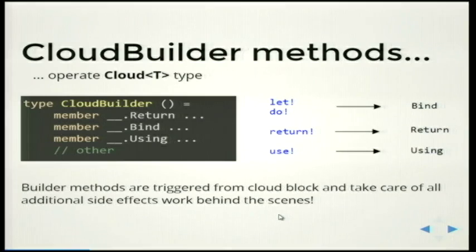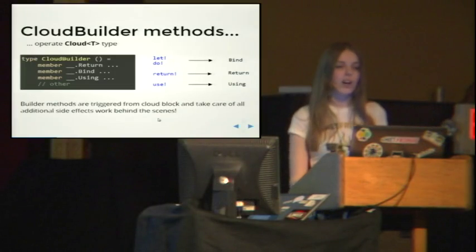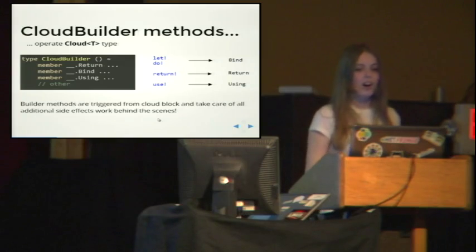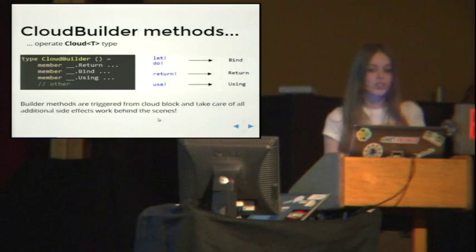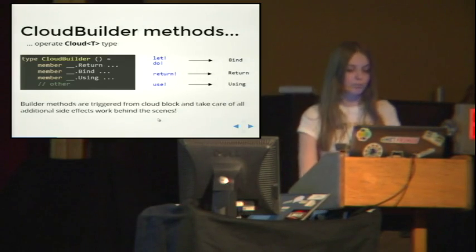Inside bind, the distribution occurs. And finally, we get the result of deferred execution in the generic wrapper type Cloud of T. And when the results are ready for usage, they are unwrapped from the generic Cloud of T wrapper type to the concrete type T.